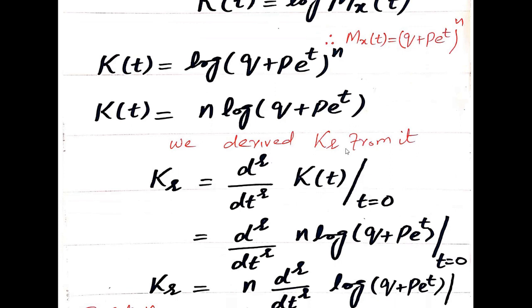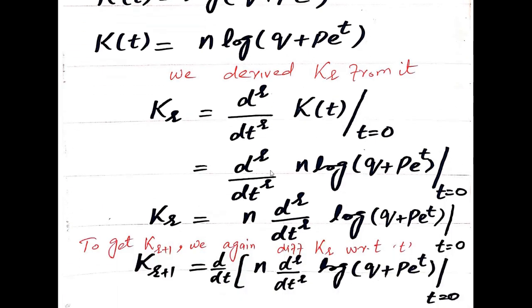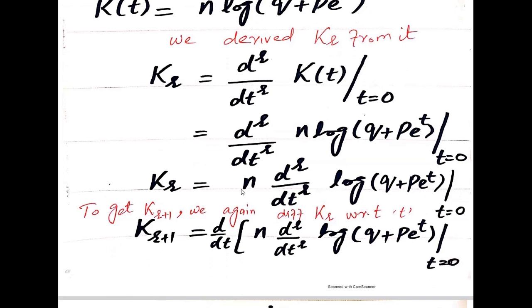Now we derive k_r. k_r is equal to d^r/dt^r of K(t) at t = 0. Put the value of K(t), which is n log of (q + pe^t), at t = 0. So k_r is n, taking n outside, d^r/dt^r of log (q + pe^t).